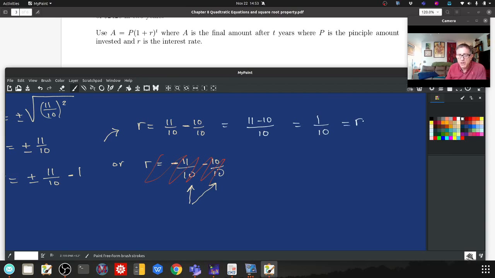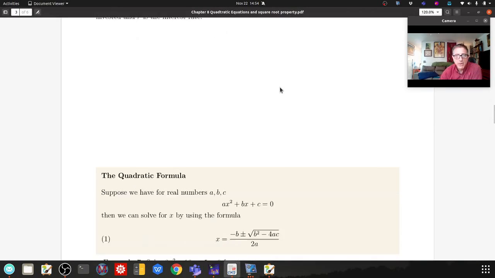That's equal to R. Notice I didn't have to grab my calculator. It was really simple. And you should know that 1/10 in decimal is 0.1. And that's my interest rate. Pretty simple. No calculator needed, used, or required.